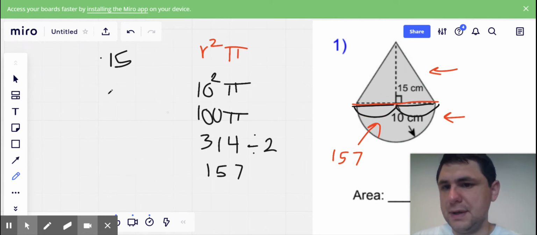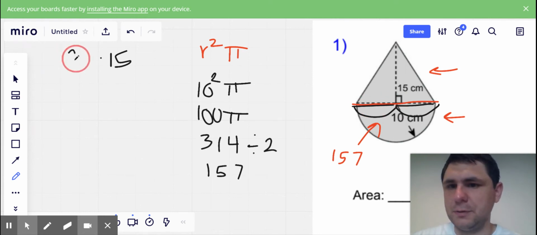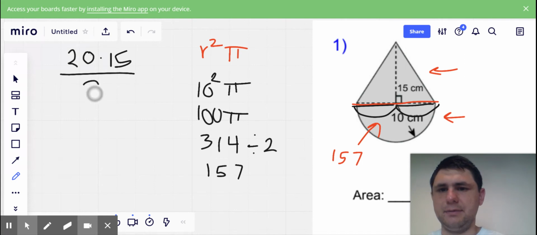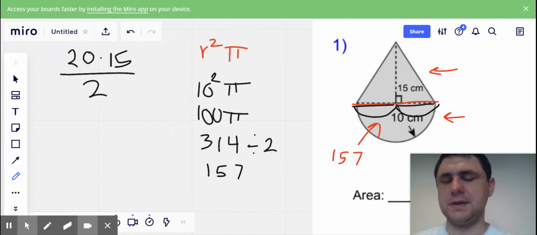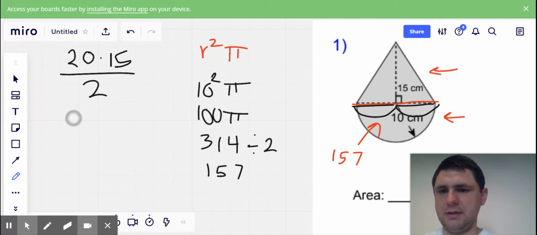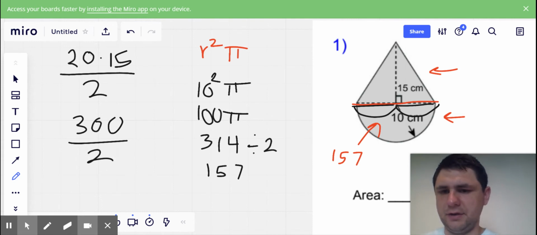So total, the base of our triangle should be 20. So I'm going to say 20 times 15 divided by 2, right? Because it's a triangle. So 20 times 15 is 300 divided by 2. And then 300 divided by 2 is 150.